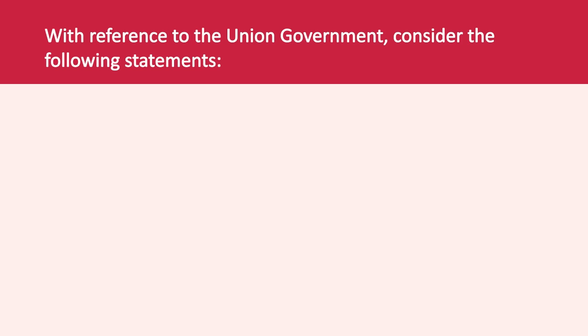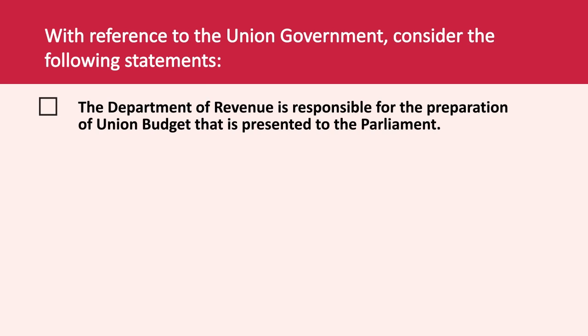One representative question from Indian polity can be: with reference to the Union government, consider the following statements. The options given were: one, the Department of Revenue is responsible for the preparation of the Union budget that is presented in the Parliament.